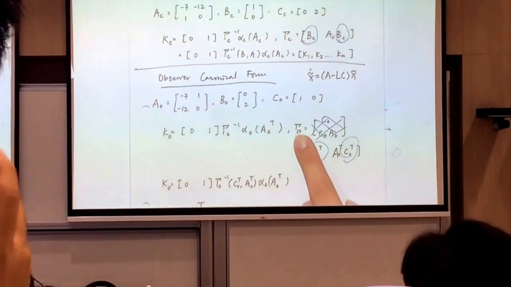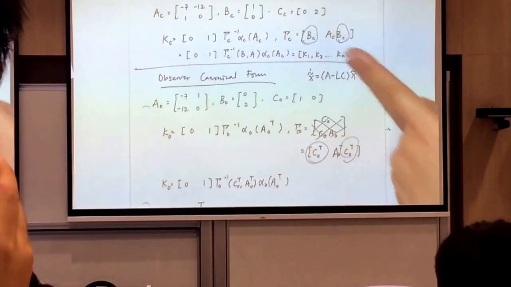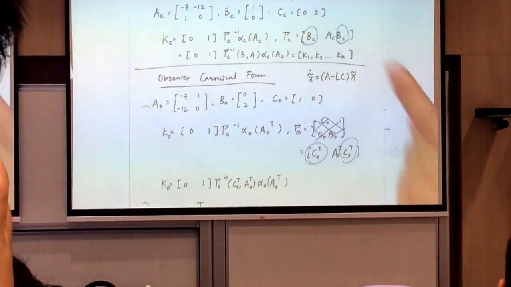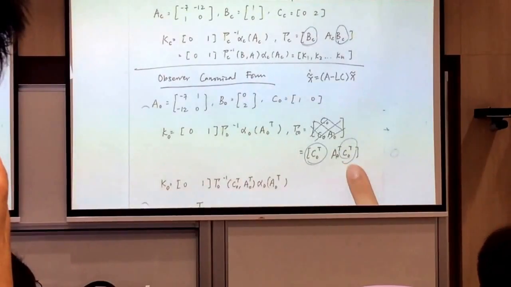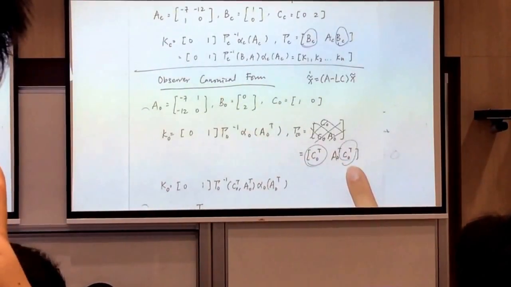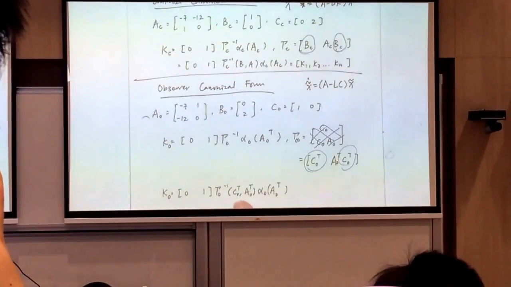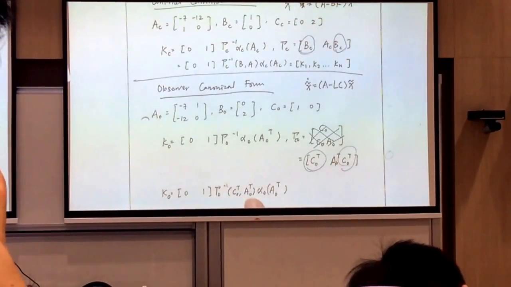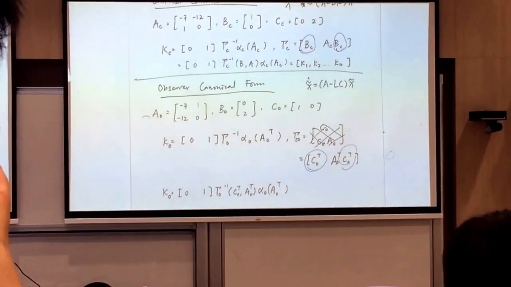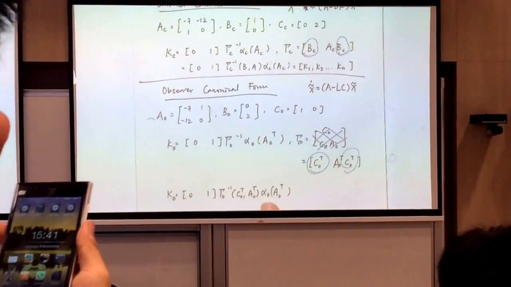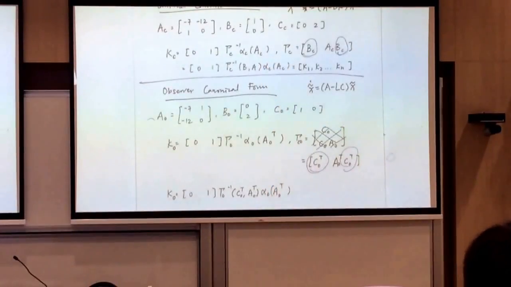Gamma O, instead of B, C is now CO transpose. Instead of AC, BC is now AO transpose, CO transpose. So that's why I find that gamma O is a function of CO transpose and AO transpose. Alright, then you have the polynomial alpha O. Initially you have alpha C of AC, right? Now it's alpha O, and instead of AC it is AO transpose.